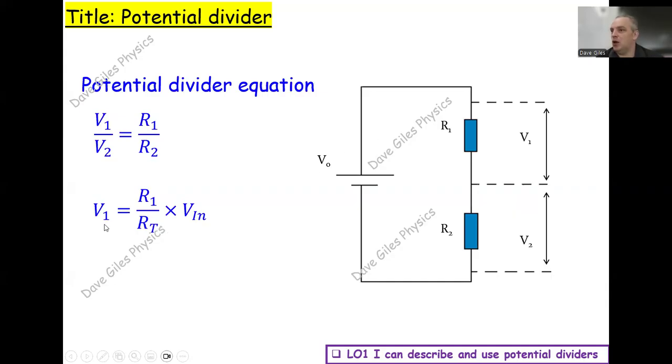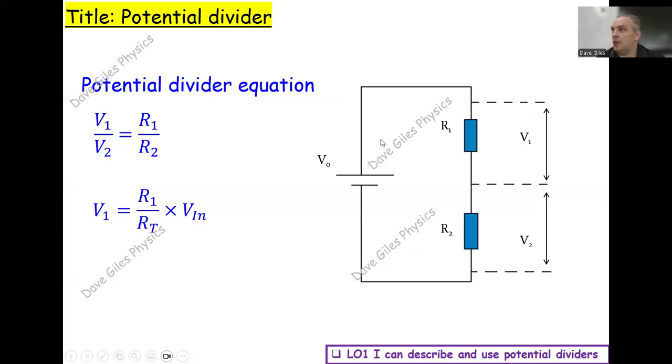Now, V in, V0 in this diagram, is just the voltage supply. You can use different letters: VS for voltage supply, V in, V0, which we've got in this diagram. Different ways you can represent it. But effectively, the voltage across the component is proportional to the resistance.